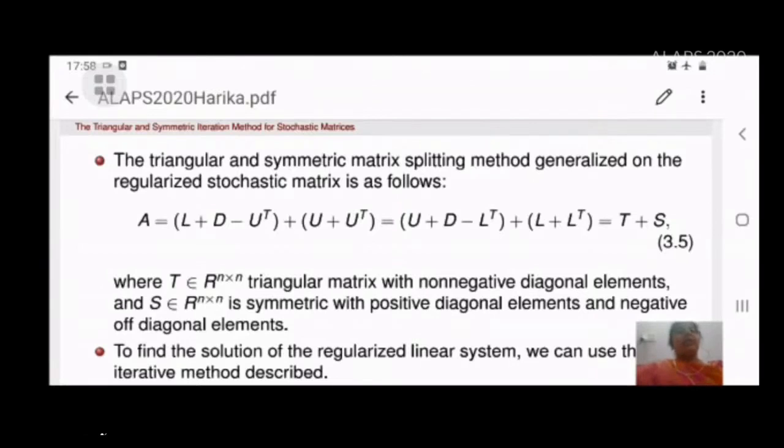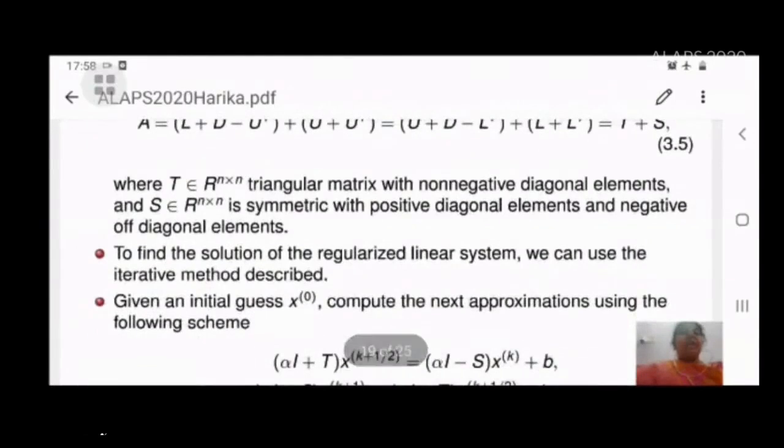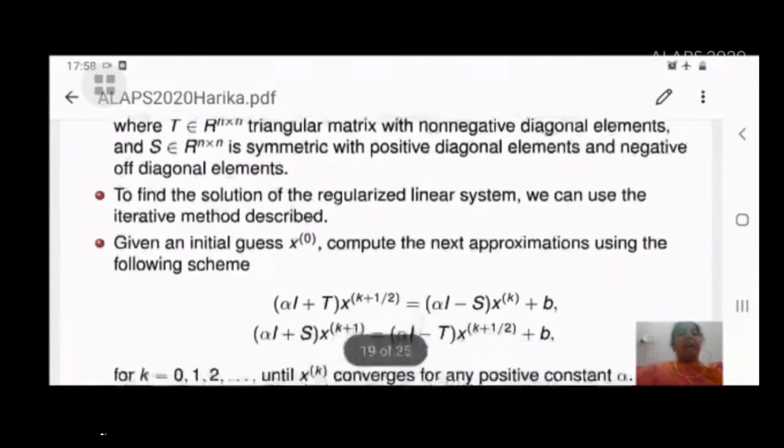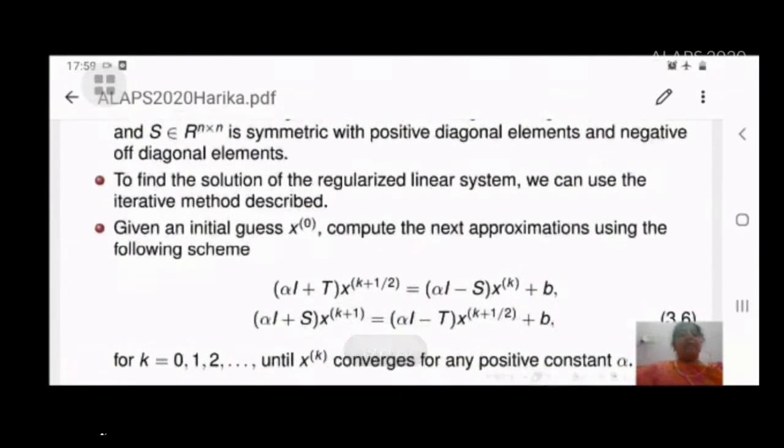That means we can also write A equals T plus S, where T is the triangular matrix with non-negative diagonal elements and S is the positive symmetric matrix with positive diagonal elements and negative off-diagonal elements. To find the solution of the regularized linear system, we can use the iterative method described.